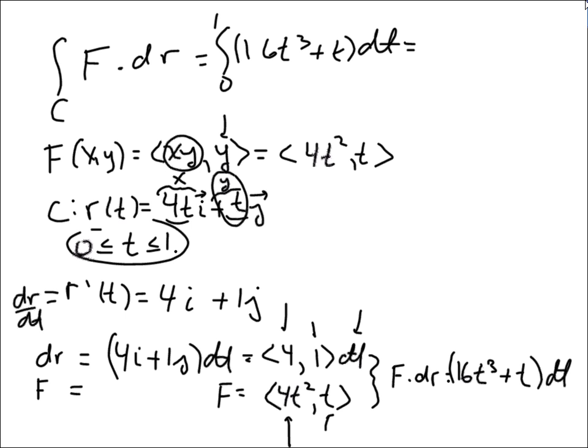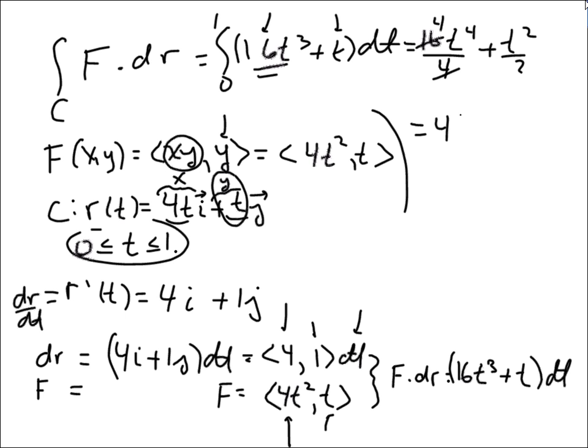Integrating this, we know t to the 3 becomes t to the 4 over 4. So it's 16t to the 4 over 4, and 4 goes into 16 4 times. Plus the integral of t is t squared over 2.